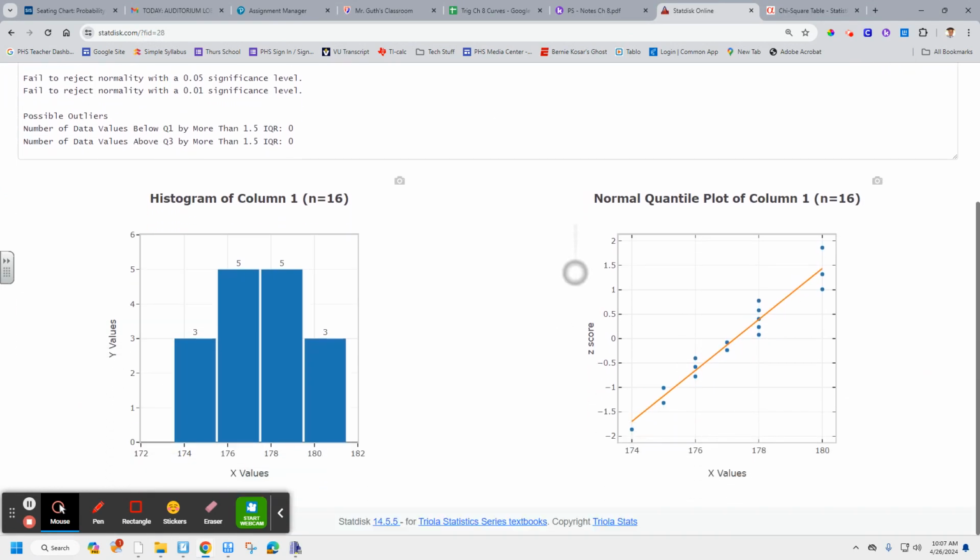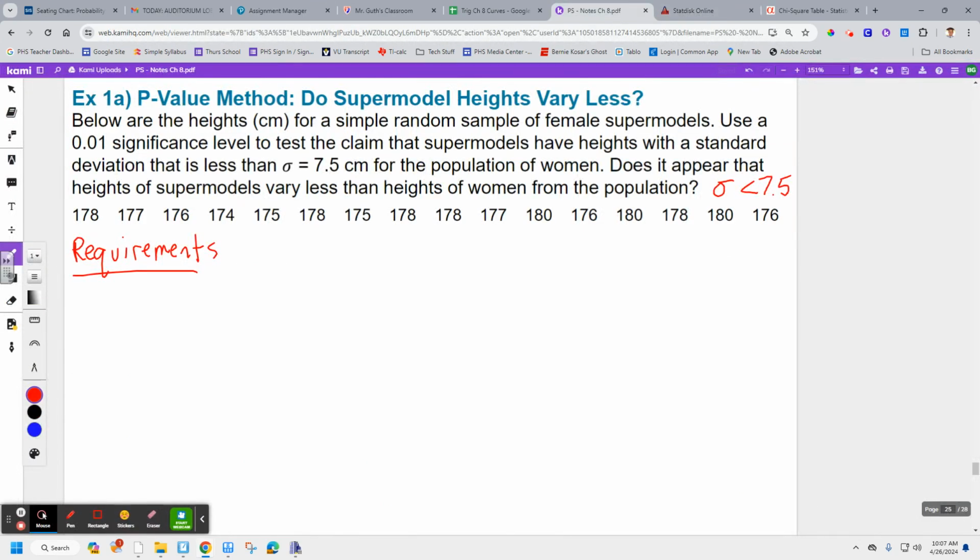As you recall, we need to look at that histogram on the left over here, and it has to be roughly bell-shaped. Looks good. And then we look over here at the normal quantile plot, and that looks pretty much like a line. That looks good. And then up here at the outliers, looks like 0 outliers. Okay, great. Those three things together are telling me that this is normal. We think this is a normally distributed population. Check. Now we can get into our steps.